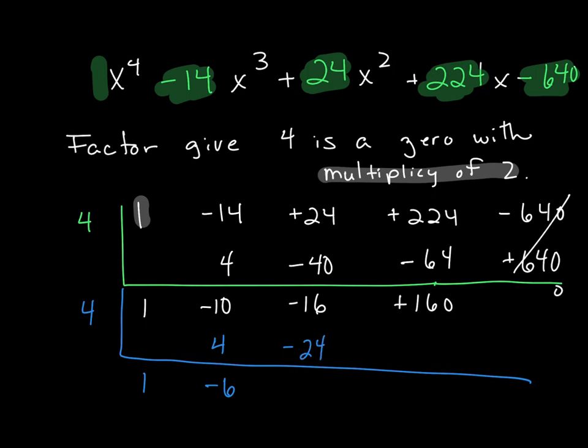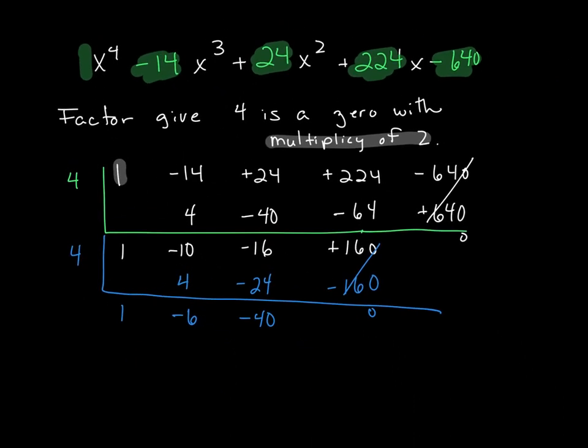Those signs are the same, so I add them together. Negative 24 plus a negative 16 gives me a negative 40. And last one, 4 times a negative 40. Again, that gives me exactly what I want. That gives me a negative 160, which again is back to 0.